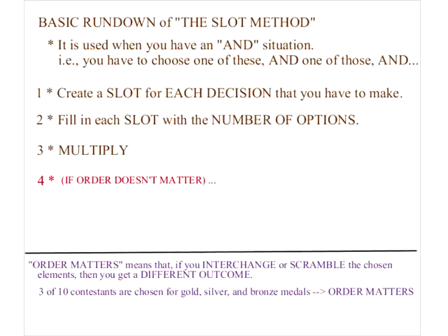Because, for instance, if I say Abe, Bob, and Charlie, that's a different outcome from if I said Bob, Charlie, Abe. These are not the same outcome, because remember, we're talking about gold, silver, and bronze. So this outcome where Abe wins the gold, Bob wins the silver, and Steve wins the bronze is different from if this is gold, silver, bronze.